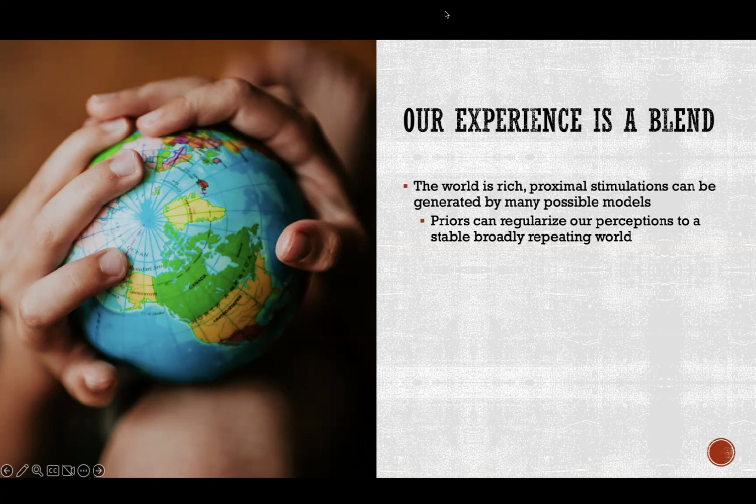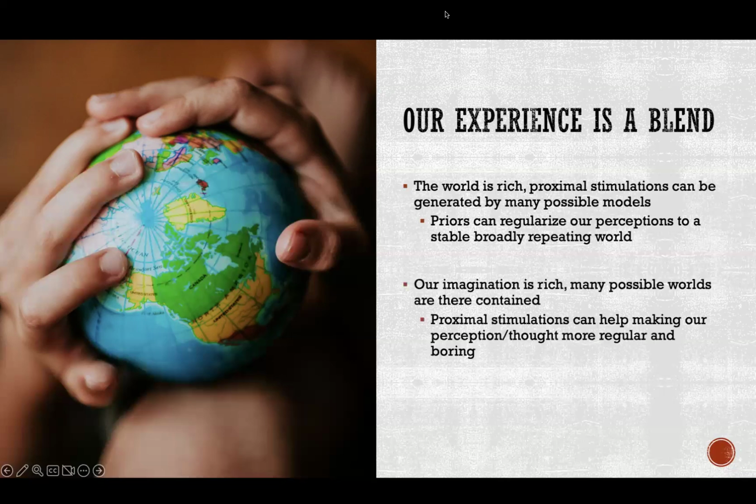As we are looking at a certain person, even if, when they turn in a different angle than we have seen, they might look like somebody else, right? We keep perceiving them as the same person. At the same time, we have that our imagination is rich, right? There's many possible worlds inside.